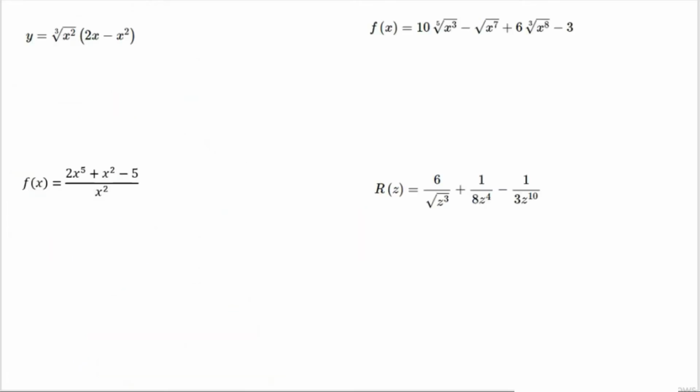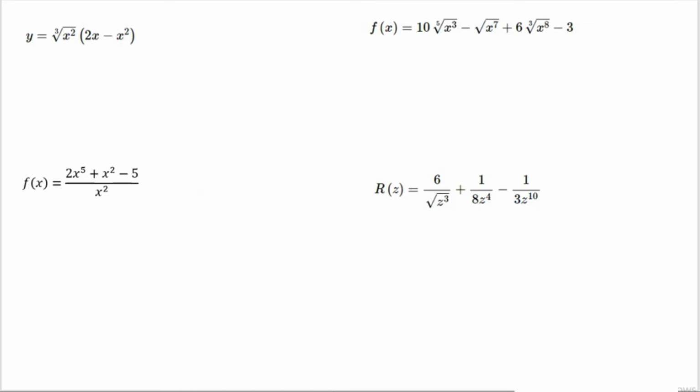Okay, next example, we have y equals the cube root of x squared times 2x minus x squared. Now, if you are going to use only the first two formulas that I've shown earlier, that is the sum or difference of derivatives, as well as the derivative of a constant being equal to 0, then in that case we need to use first our knowledge in algebra.